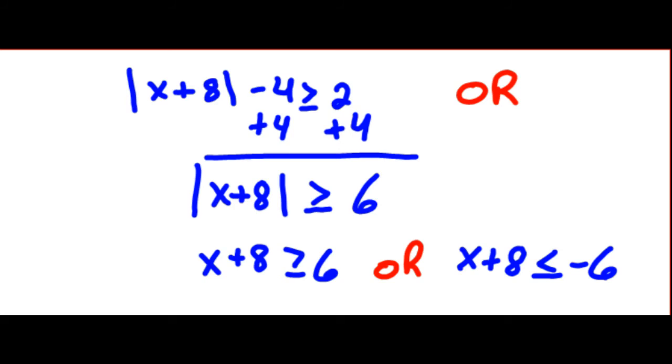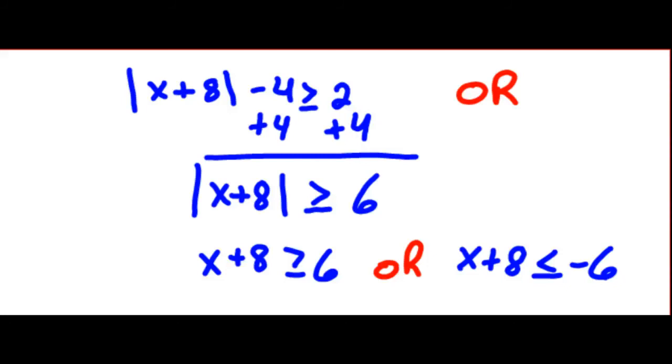So to solve this, we're going to subtract 8 from both sides. I'm running out of room here. But 6 minus 8 is -2. So x is greater than or equal to -2.